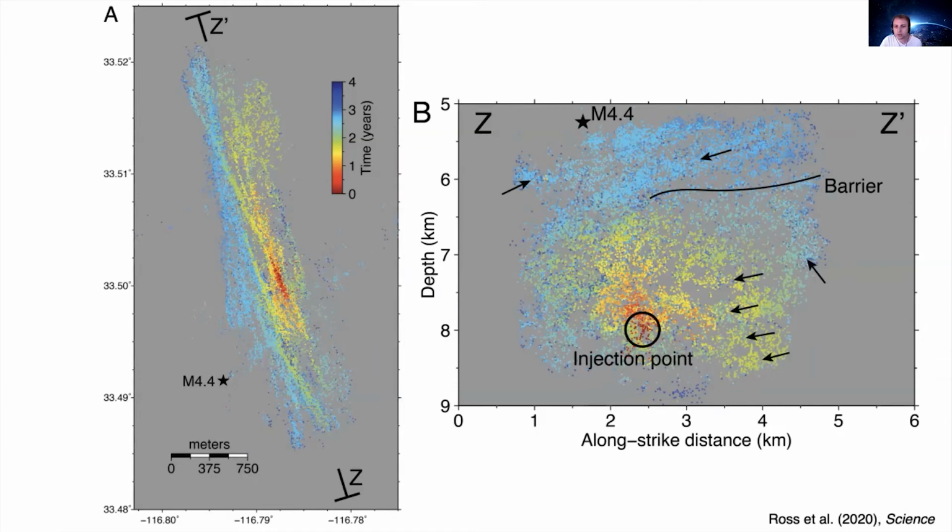And so when you look at all of these features together, this expansion of the seismicity away from this origin point that I've labeled here, what we believe this to be is some kind of natural fluid injection process, some kind of transient process that has started, and somehow you're injecting fluid from below into the fault zone through this point here, and it is diffusing within that fault zone surface through this whole thing over time.